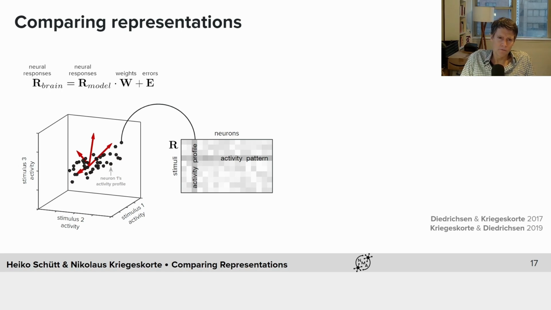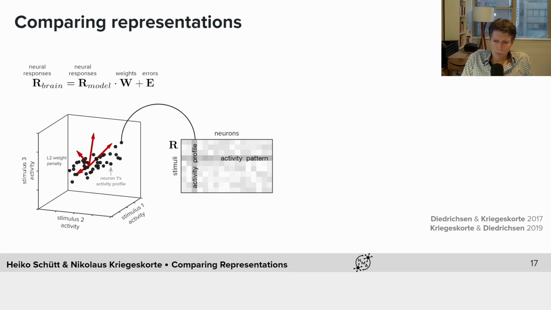And when we model the representation, we have a basis set of activity profiles. Our goal is to find a set of weights W such that if we combine the model's activity profiles with the weights W, we recover the brain response matrix as well as possible. And usually we have more predictor variables, more activity profiles.